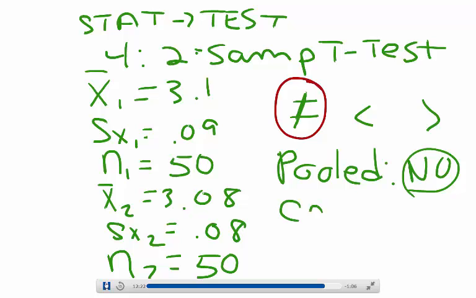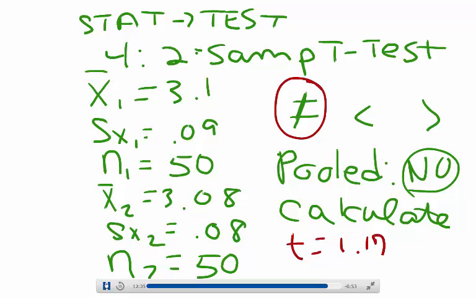Finally, you'll press calculate. And your result will be t equals 1.17 with a p-value of 0.2431, or we can represent that as 24.31%.